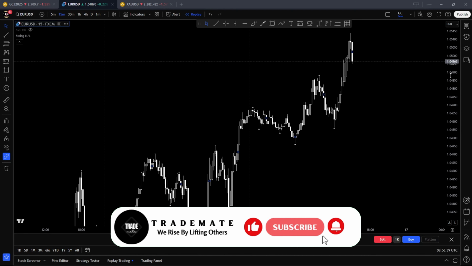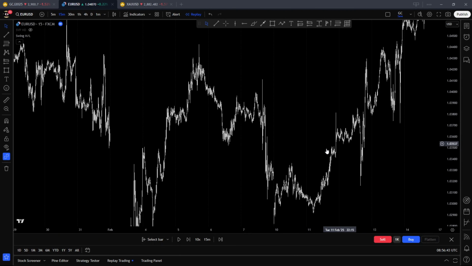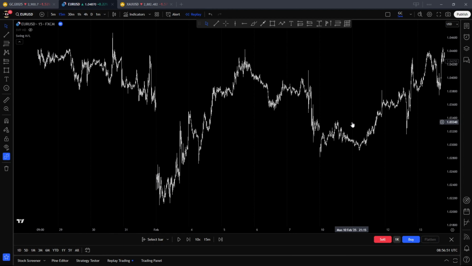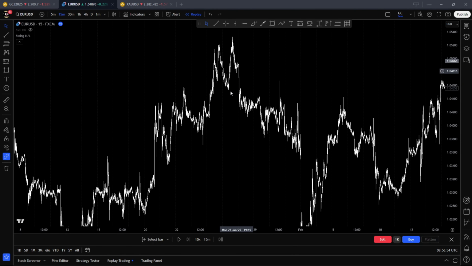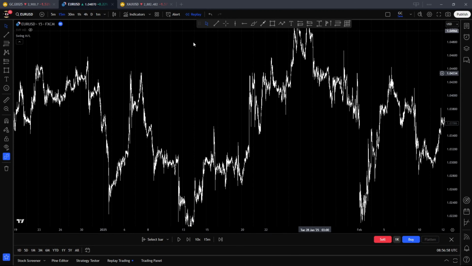Now, if we look at Euro USD for some days now, basically starting from a week, the whole week from Monday, you can see that price was basically in a huge downtrend. We were sort of consolidating within this range on the 50-minute time frame.